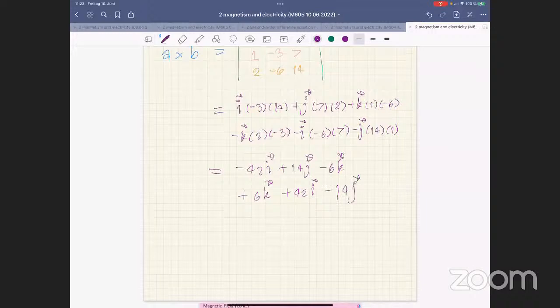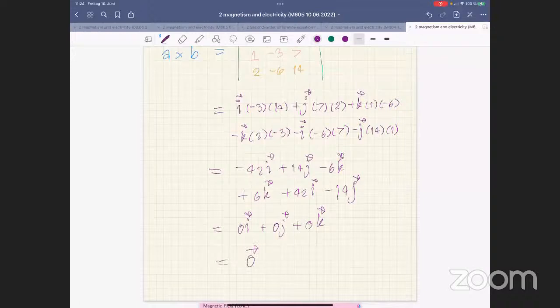Once you combine everything, these cancel, these cancel, these cancel. So we get 0i plus 0j plus 0k, and that is, simply speaking, the zero vector.